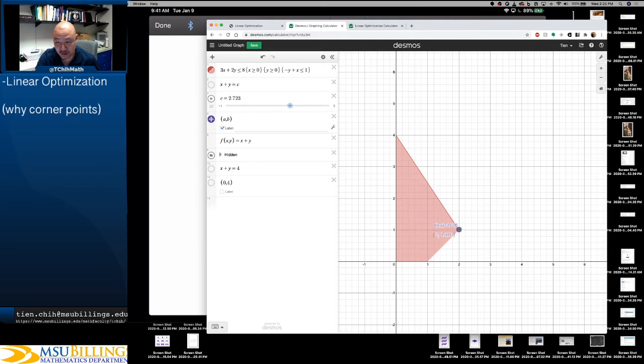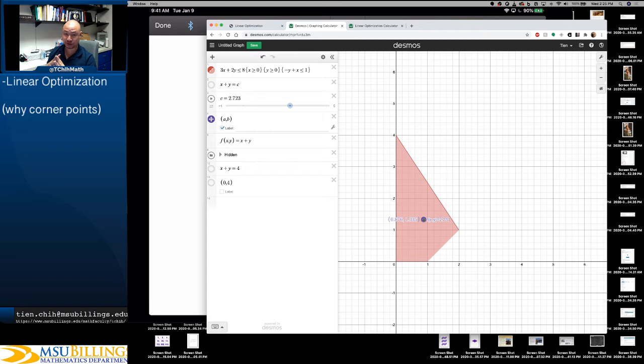If I go out to this corner here, I should get outputs close to 3 as well. I should get outputs close to 2 here. The point is that as long as I stay within this bounded region, where I'm allowed to be, I'm looking for the point that will give me the biggest value.